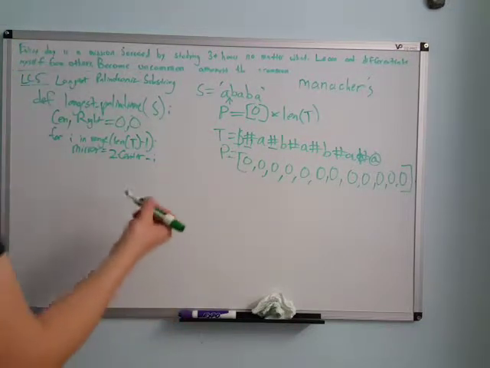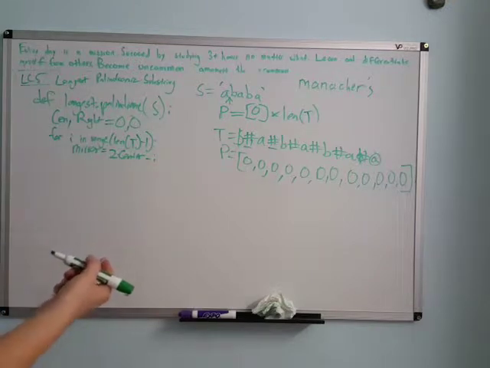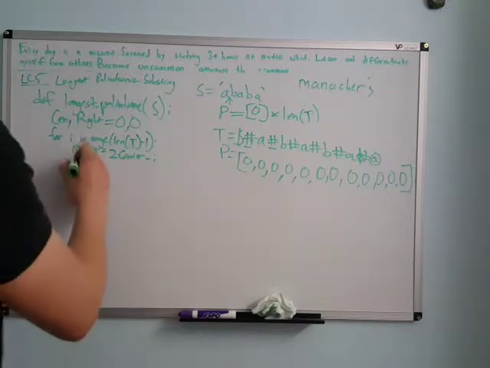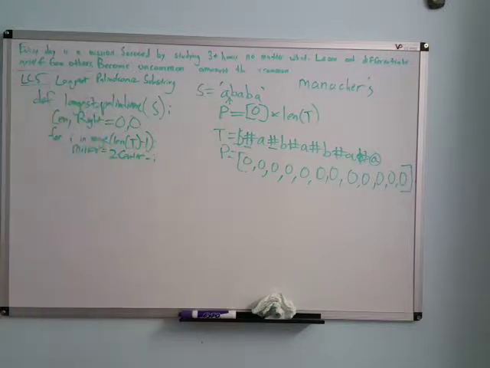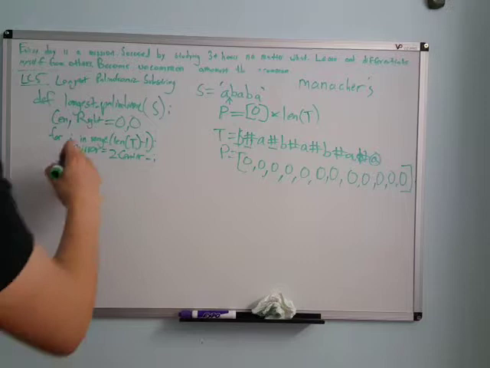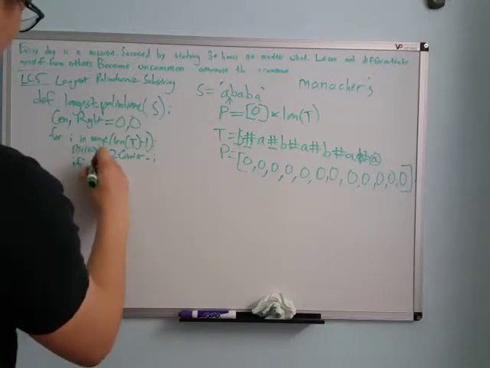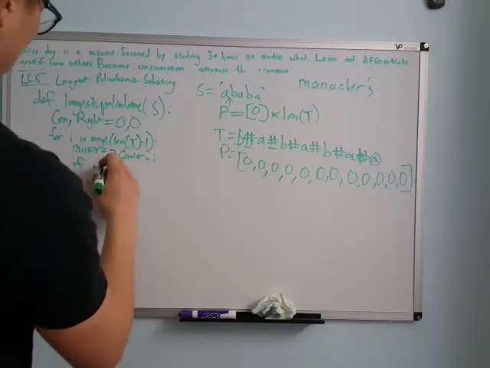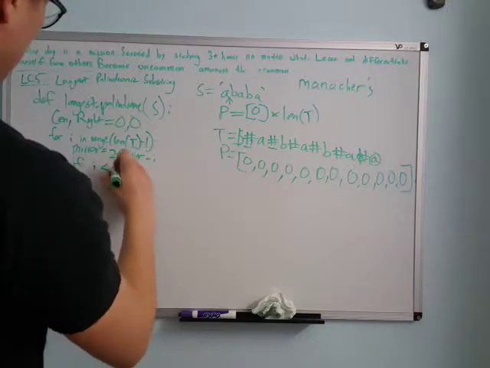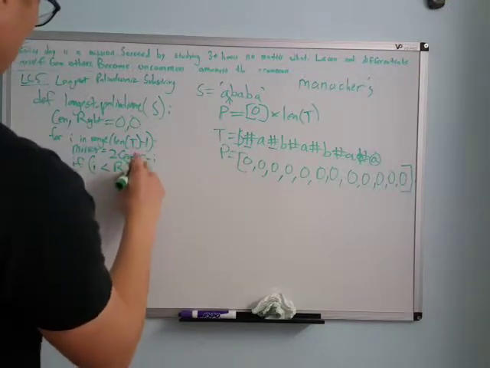And then we have a mirror, so what do we do here? We need to check if i is less than R, the right border.